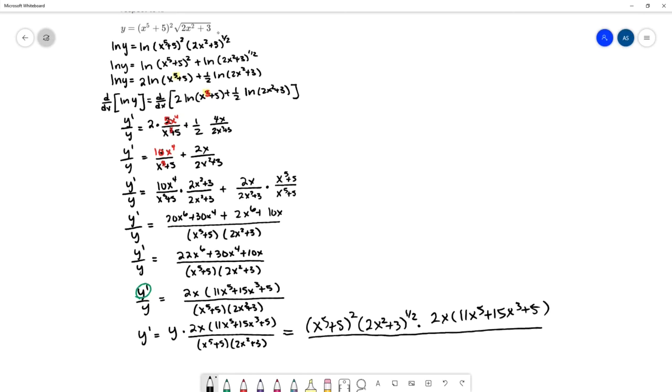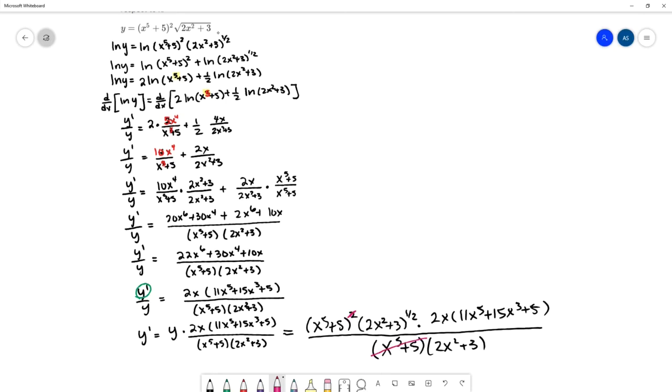And all of this is over x to the 5th plus 5 times 2x squared plus 3. We have some canceling that happens. One of these factors of x to the 5th plus 5 cancels.